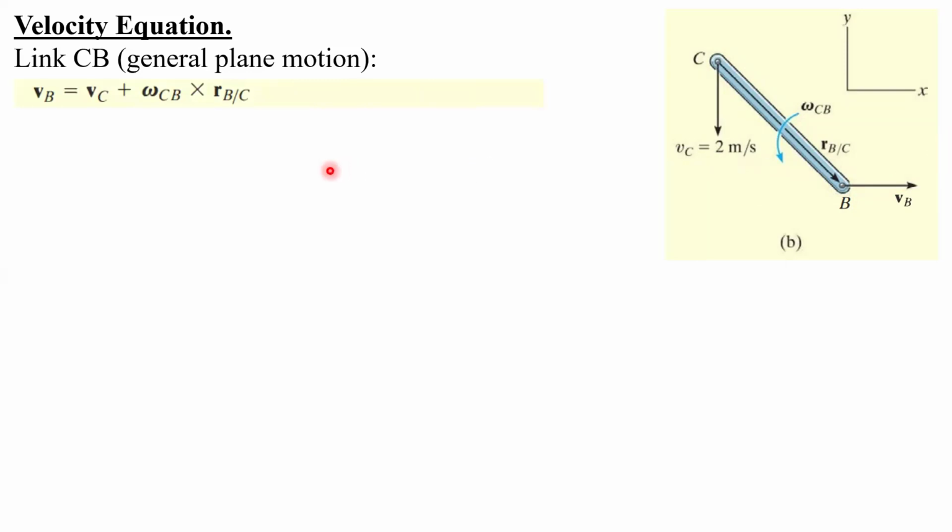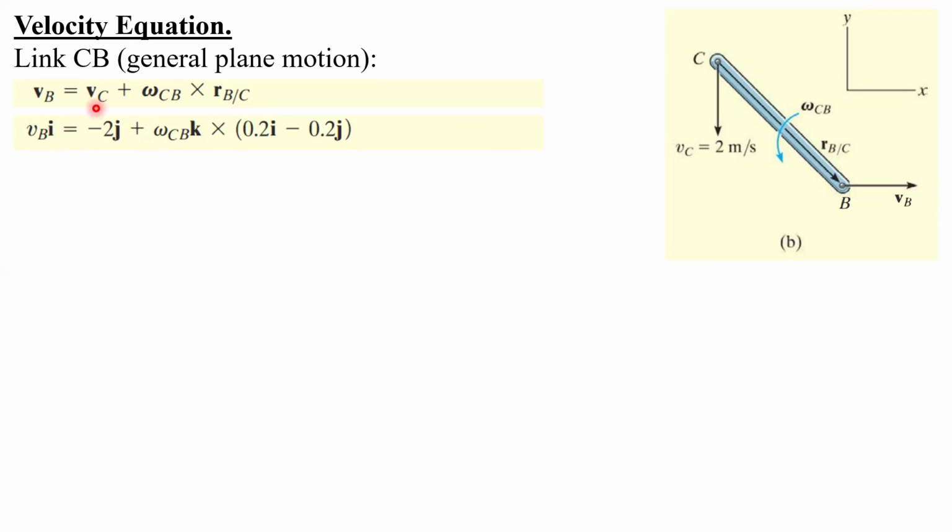Therefore, we know from our formulations that VB is equal to VC plus omega CB cross R of B with respect to C. So VB has the x component, has the y component.